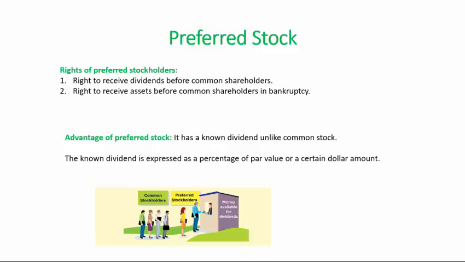Oftentimes their dividends are guaranteed them as a percentage of the total par value of the preferred stock, which oftentimes is higher, $100, $250 in those ranges, and they stand in line first. They get their payments before the common stockholders.